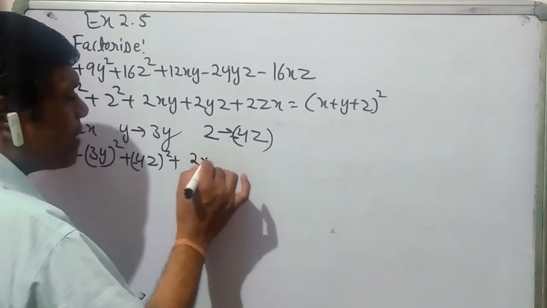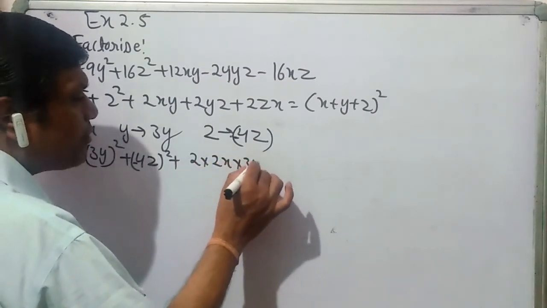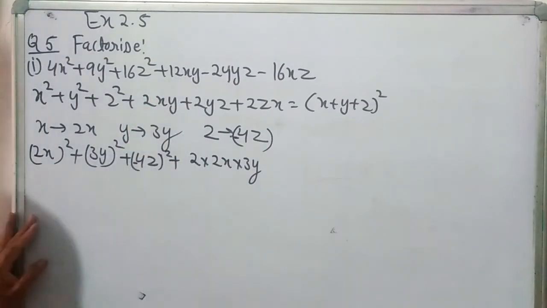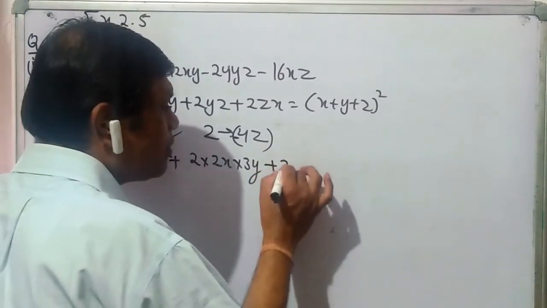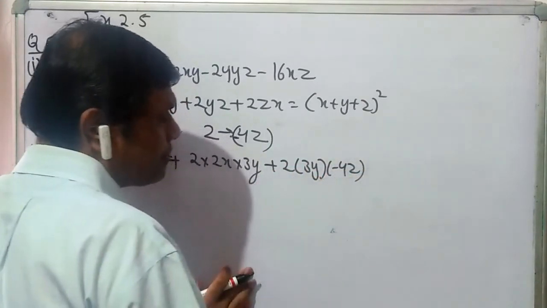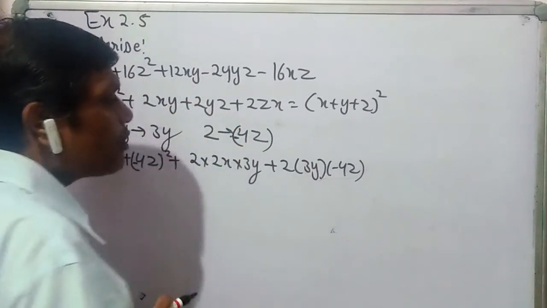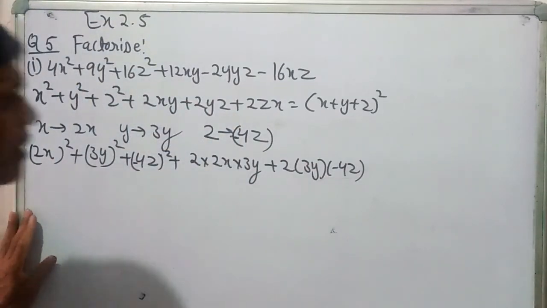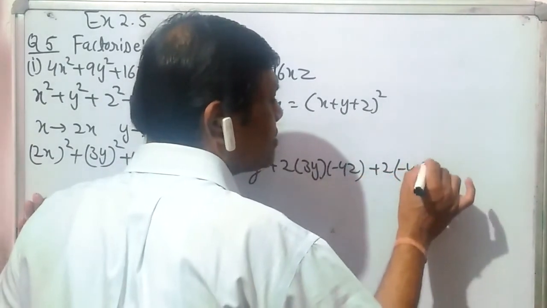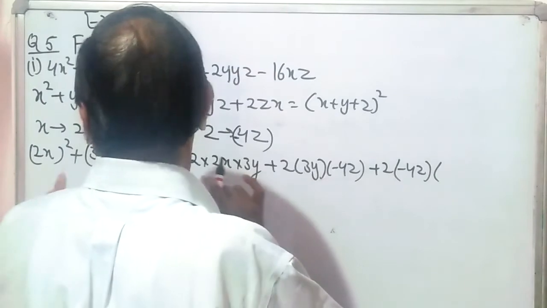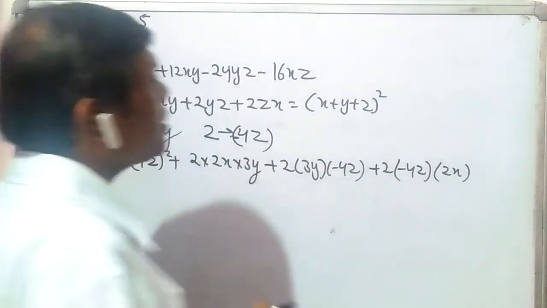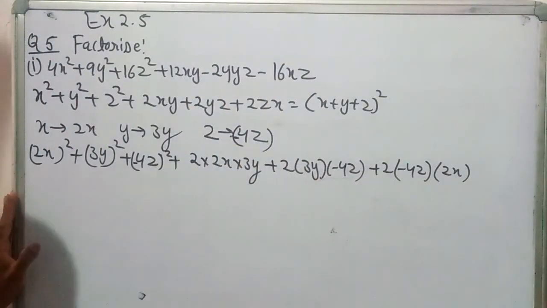Next we have 2 multiplied twice x multiplied thrice y, 12xy, positive it is, plus 2 multiplied 3y multiplied minus 4z, that's 24yz with negative sign, plus 2 multiplied minus 4z multiplied with 2x, that gives us 16xz with negative sign.